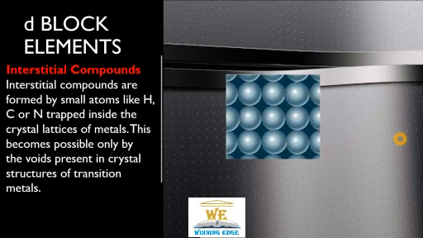That's what we see. Here we have a transition metal crystal structure. First possibility is a few of the atoms are knocked out, occupied by some other elements. This is known as substitution or alloying. This is a method of alloy formation. Some of the atoms are replaced by some other element's atoms.